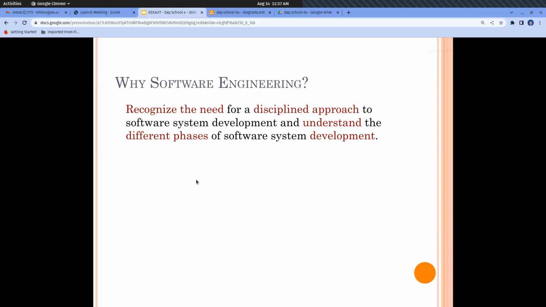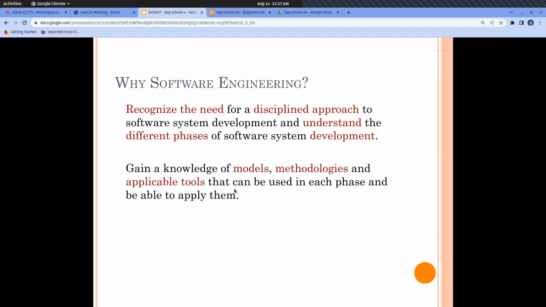Software system developers understand that in software engineering there are different phases. I am going to explain what those phases are. Gain knowledge of methodologies and applicable tools. In software engineering, we use methodologies and applicable tools. Entity relationship diagrams and data flow diagrams are two tools of software requirement analysis.